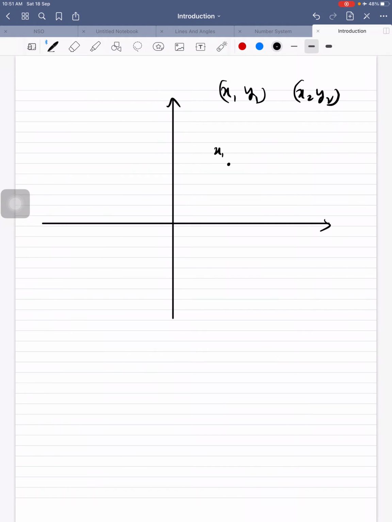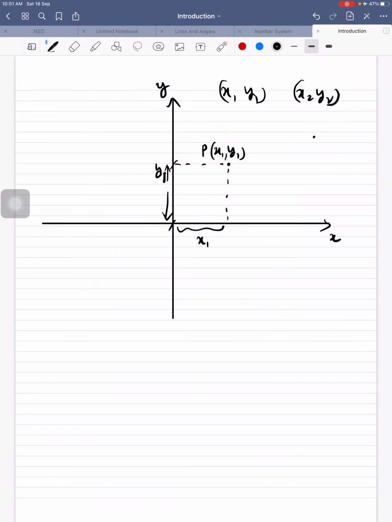Let this be x1, y1, call it P. This will be marked by measuring the length from the origin on the x-axis and the length measured from the origin on the y-axis. This length is y1.